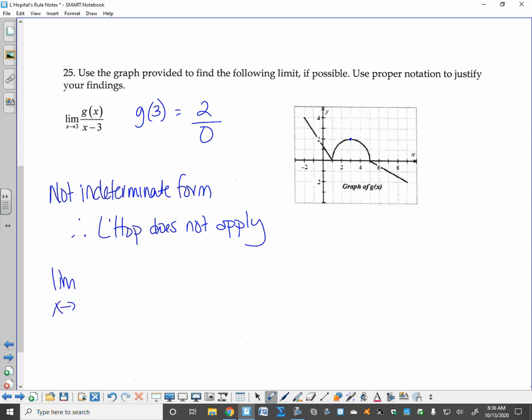So the limit as x approaches 3 of g of x does not exist because I have a 2 over 0. To chew on that, make sure that's okay.